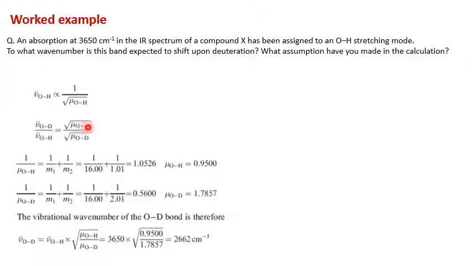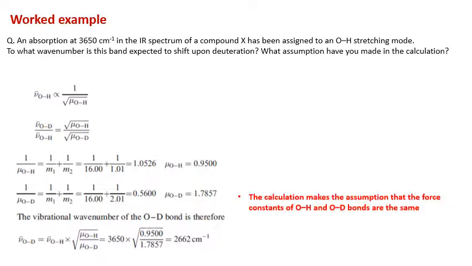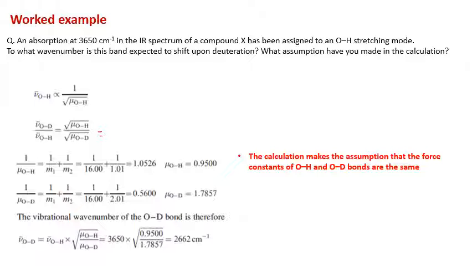Because hydrogen has an atomic mass of 1 and deuterium has 2, if you put the ratio in, nu bar OH corresponds to 1 and nu bar OD corresponds to 2.